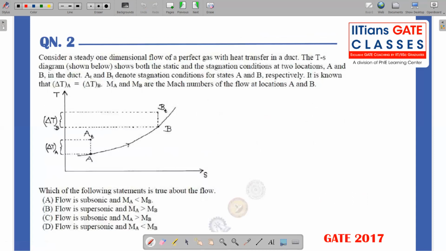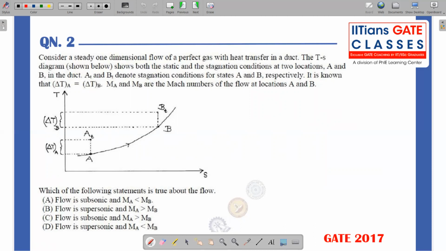Okay, so now there is one interesting question asked in 2017 GATE. Consider a steady one-dimensional flow of a perfect gas with a heat transfer in a duct. Okay, so this diagram, whatever they have given, TS, it's for the heat transfer. Okay, it's a flow with heat transfer.